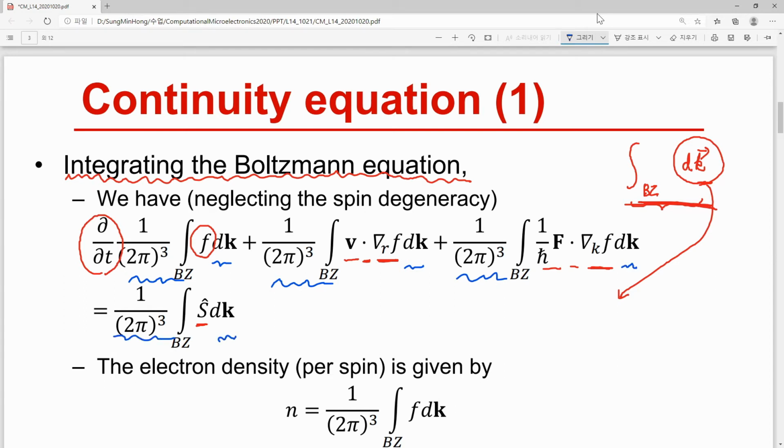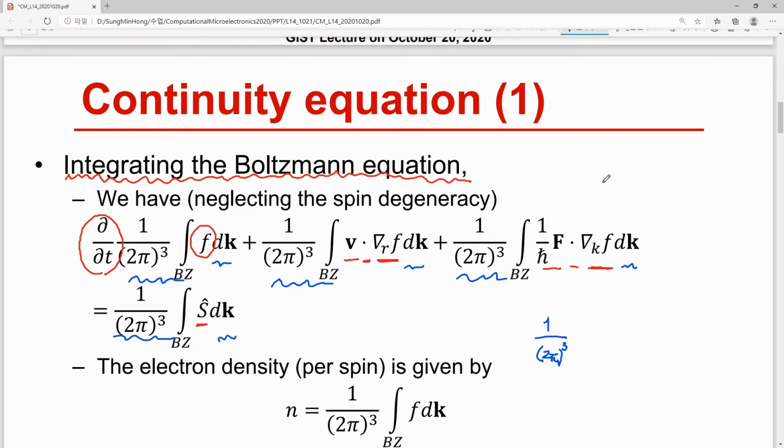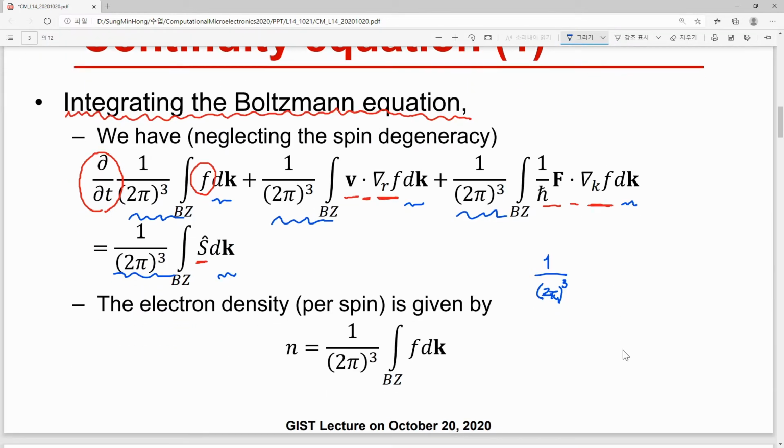So this is nothing but the Boltzmann transport equation integrated. And here we have a factor, 1 over the cube of 2 pi, just as we discussed in our previous lecture. This one is just to count our electrons. Okay, so if we follow this relation, then the electron density inside the system can be represented in this way.